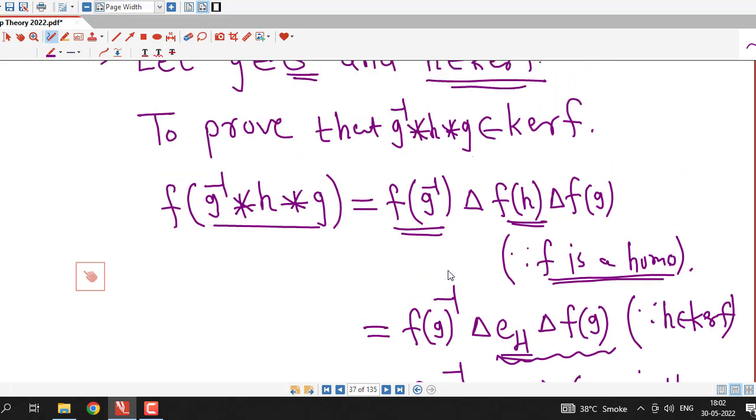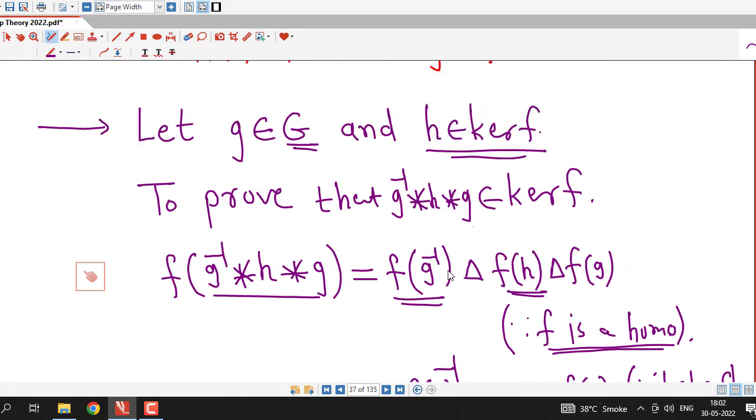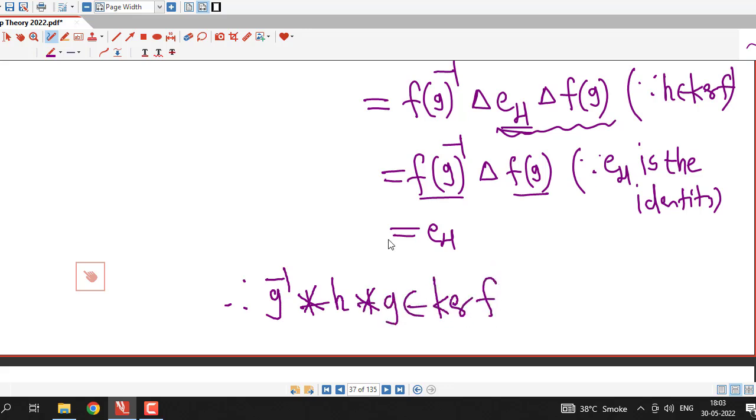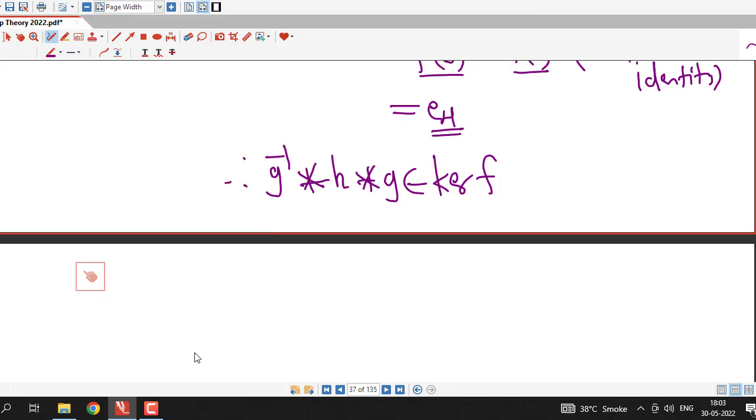So we have proved that for any element g of group G and any element h of kernel, g inverse star h star g is an element of kernel of F, because its image under the homomorphism is identity of H. Therefore kernel of F is a normal subgroup of group G.